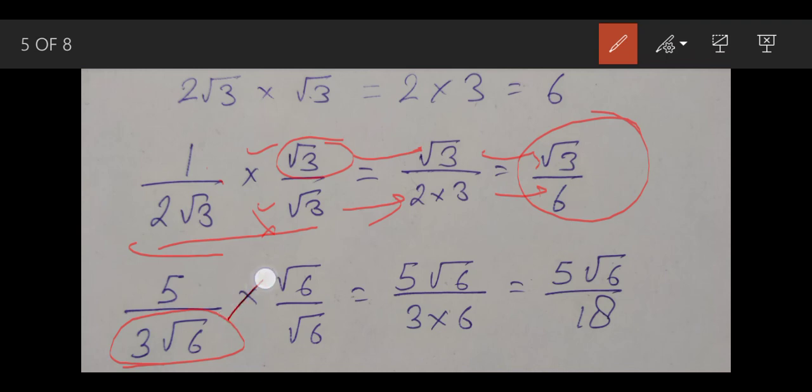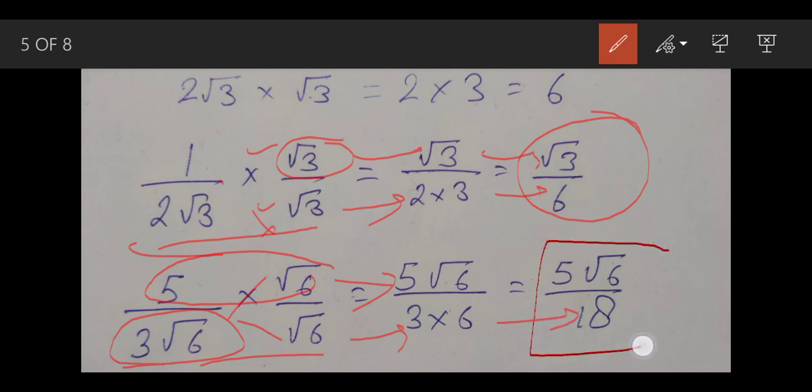So we multiply numerator as well as the denominator by root 6. We will get 5 into root 6, 5 root 6, and 3 root 6 into root 6, 3 into 6 means 18. Answer is 5 root 6 upon 18.